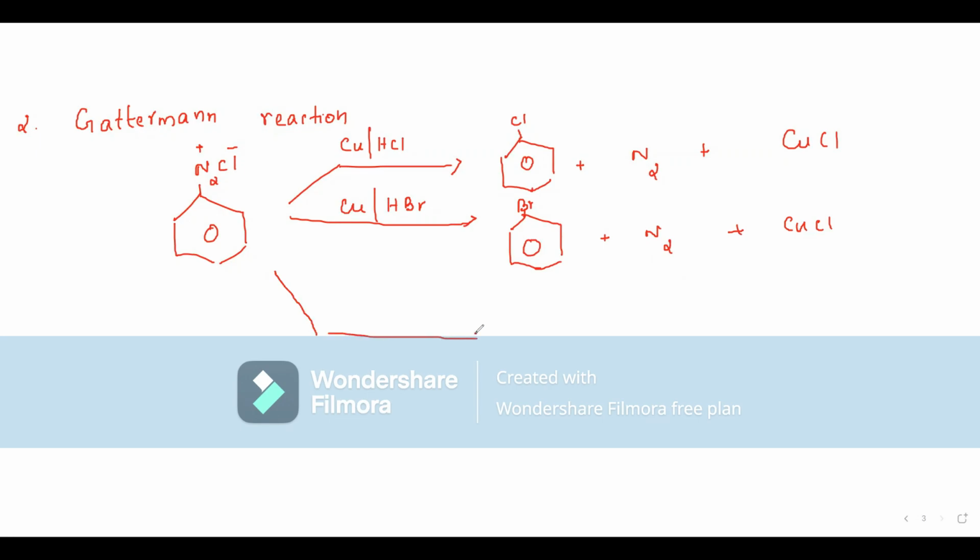Finally, that is about Gattermann reaction. Okay, so the difference here is use diazonium chloride, but instead of cuprous chloride or cuprous bromide, use copper directly. You will get chlorobenzene or bromobenzene.